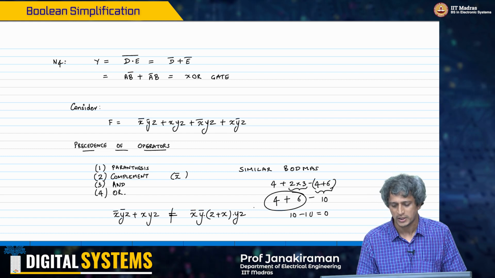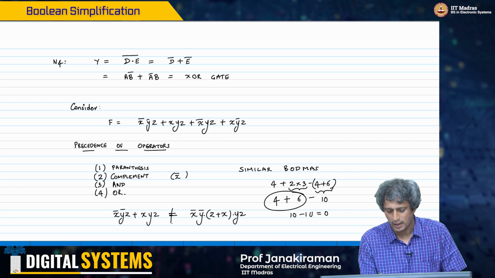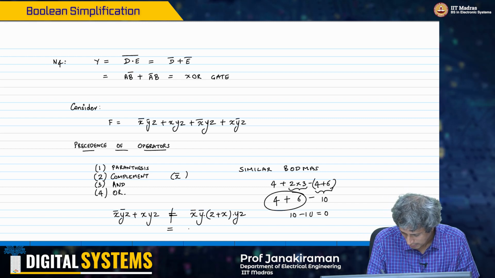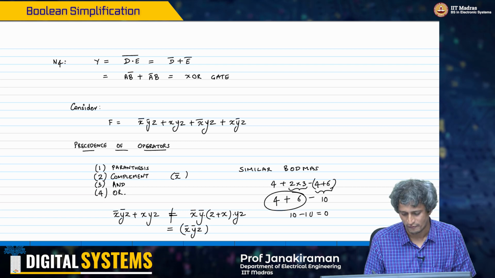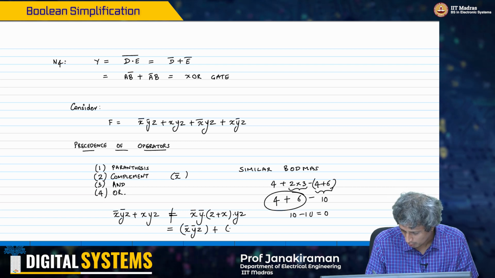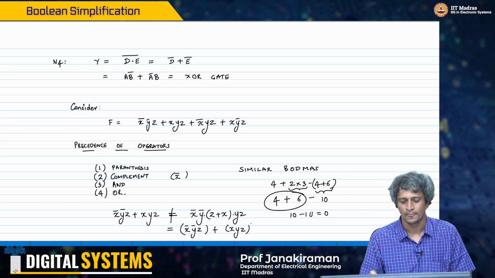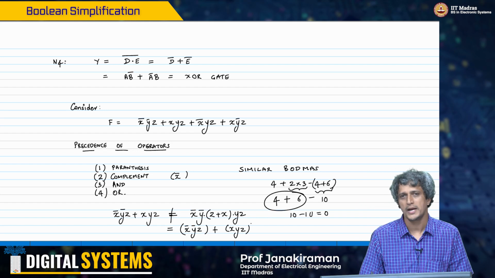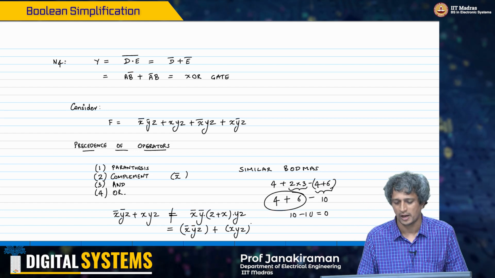Okay, this is not the case. It has to be interpreted as you do x bar into y bar into z, you evaluate that, and then do an OR with x y z. So please keep this precedence of operators in mind when you are dealing with Boolean expressions in general, okay.